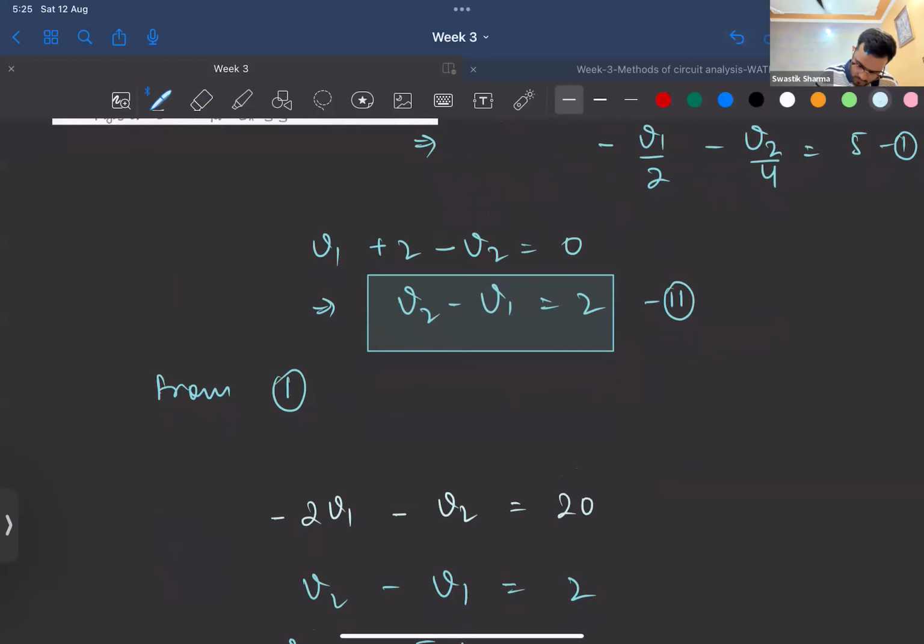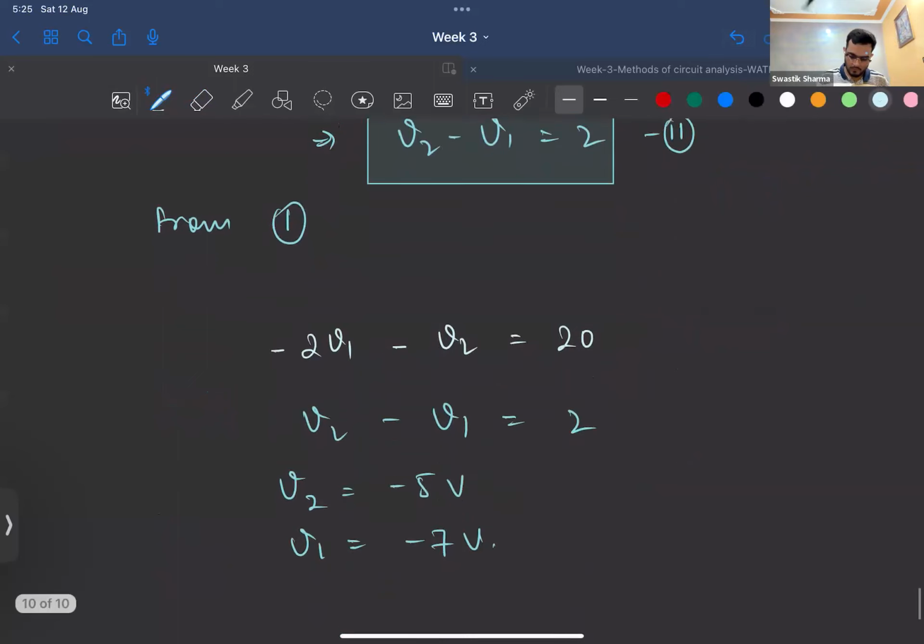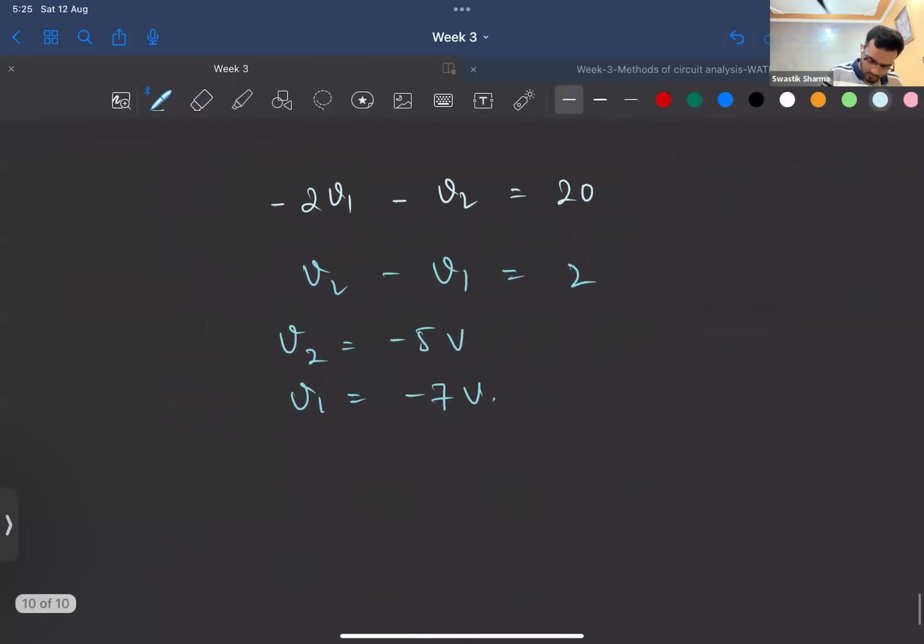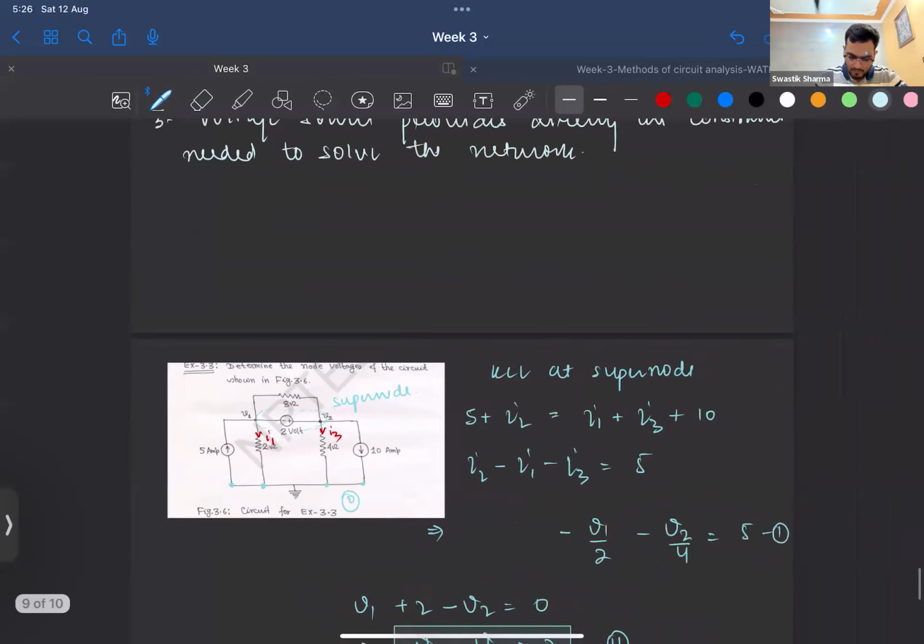That's good. We solve this: minus 5.33 and minus 1. Yeah, so that's exactly how you solve this full circuit.